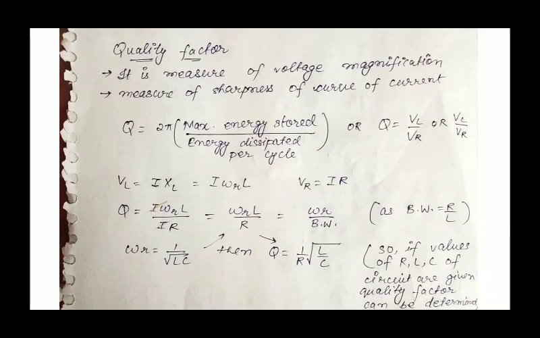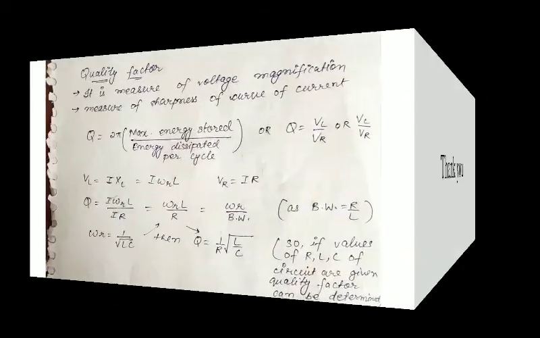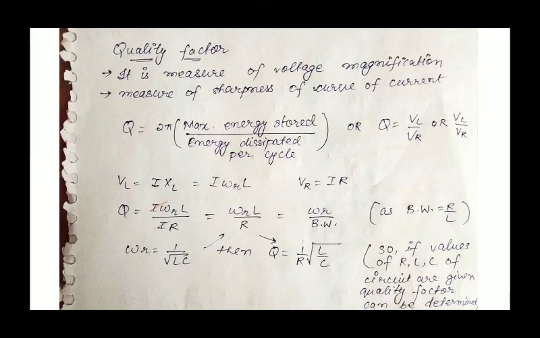Now coming to quality factor. What is quality factor? It is the measure of voltage magnification, or the measure of sharpness of the current curve. So Q can be simply given as the voltage across the inductor divided by the voltage across the resistance, or the voltage across the capacitor divided by the voltage across the resistance.